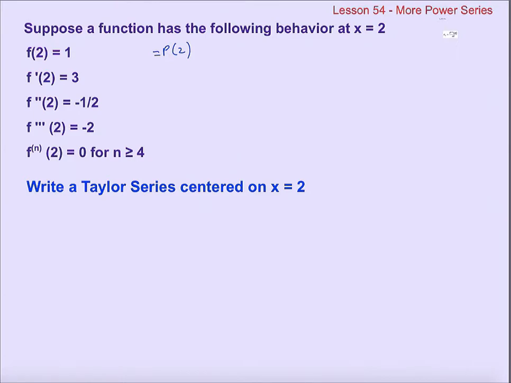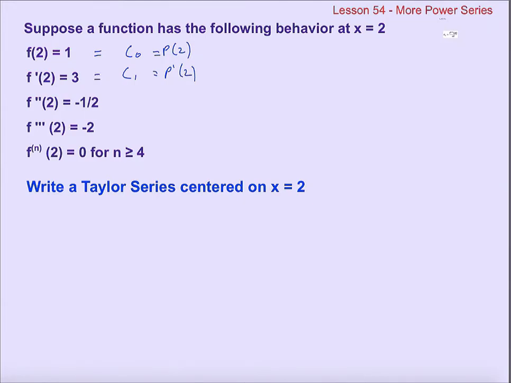And the idea here is that we want p of 2 to just equal that first constant, that's c0. And the first derivative at 2 we've seen is that first coefficient. So right here we've said we want these to be equal, so c0 is going to be equal to 1, c1 is going to be equal to 3.